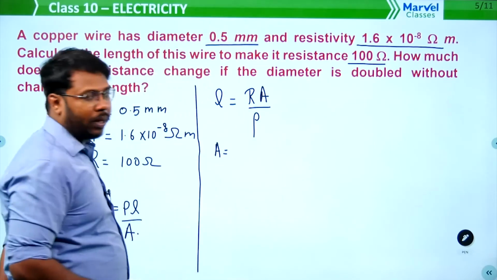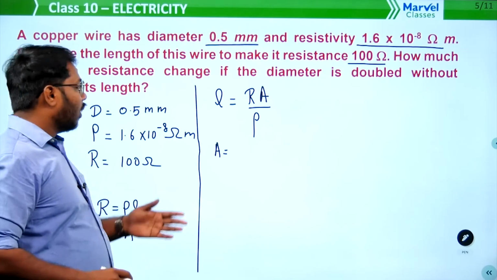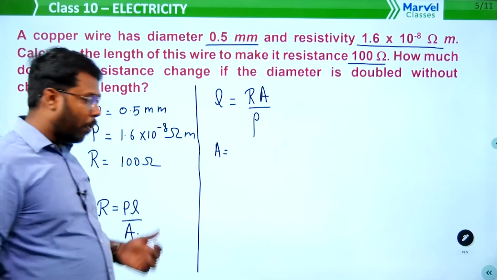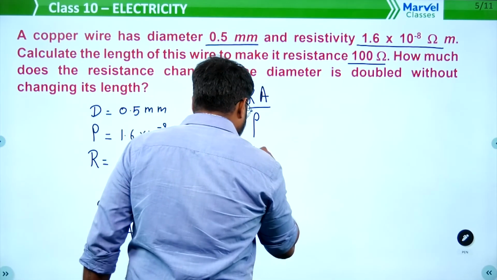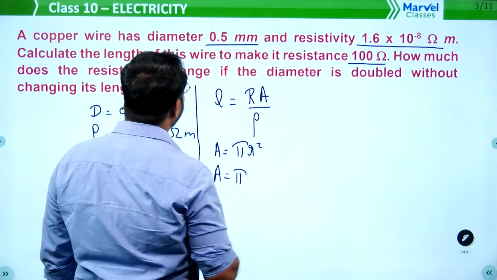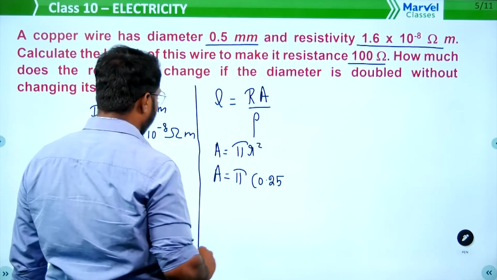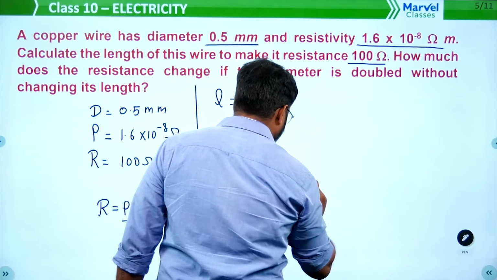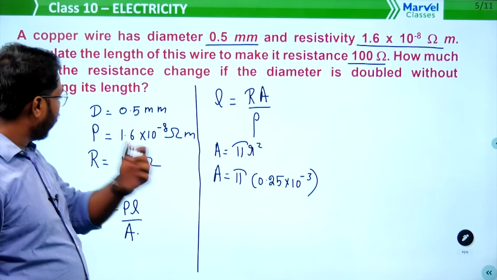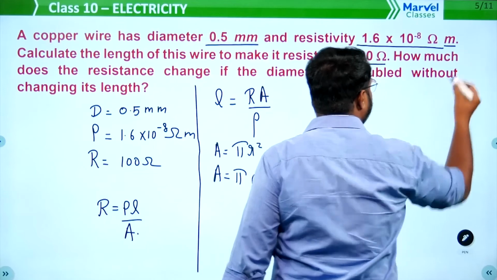A wire is typically considered to be a cylinder. So the cross section area of a cylinder is the area of a circle, which is pi into r squared, where area is equal to pi into 0.25 into 10 power minus 3 into 10 power minus 3. I will convert millimeters to meters because I have meters in here.